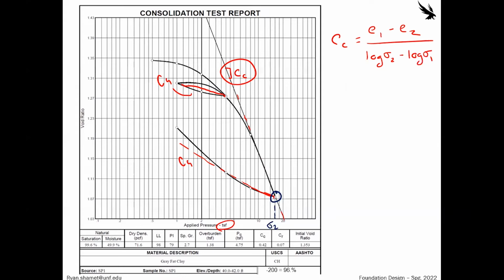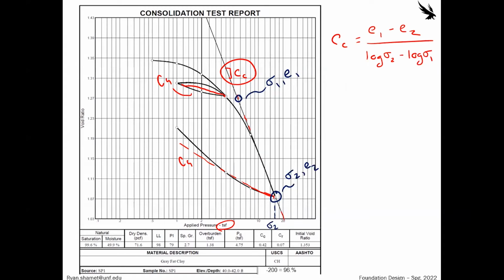Yeah, right here. So these would have the corresponding sigma 2 and sigma 1, and then E1, and then corresponding sigma 2 and E2. So just like you would do your X and your Y, you find 2.